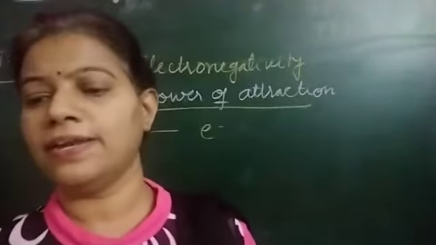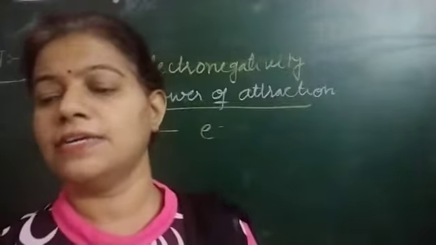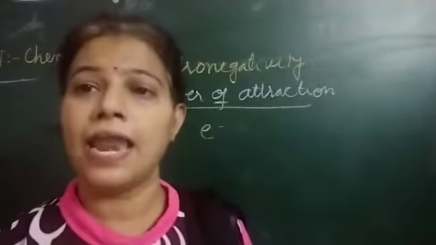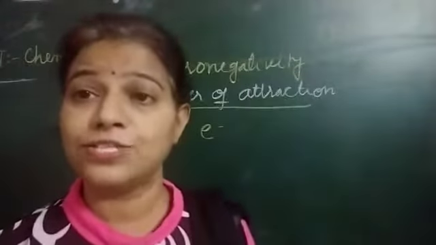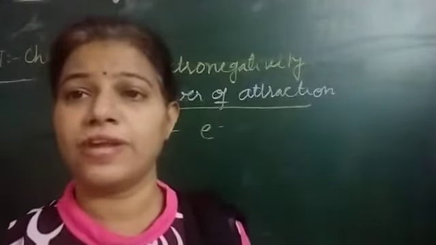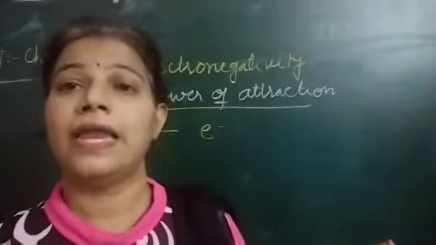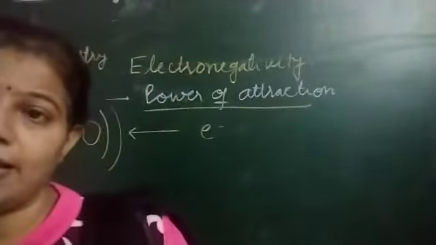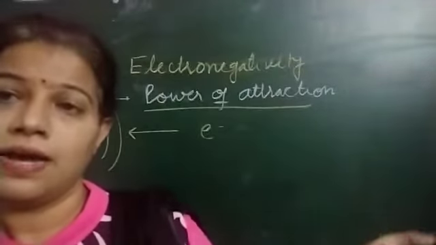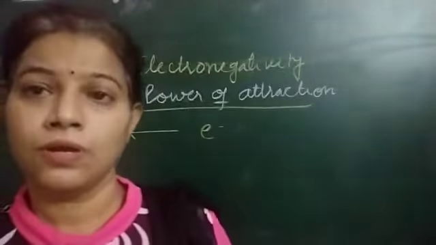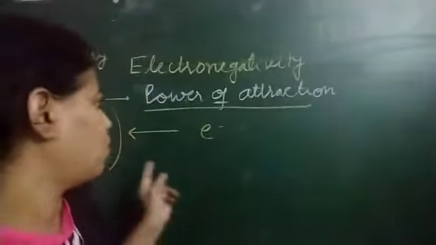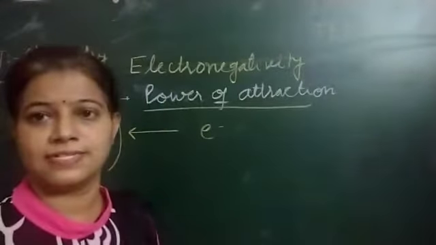The electronegativity of an atom is defined as its tendency to attract the electron, or you can also say the tendency of an atom to attract the electron pair towards itself. In simple language, you can define it as a tendency to attract the electron, or power of attraction of an electron towards the isolated gaseous atom.